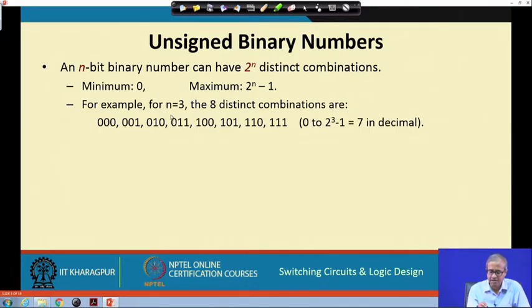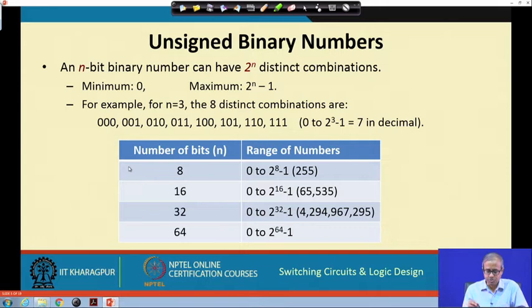For octal, if you take n equal to 3, the 8 distinct combinations will be 000, 001 up to 111. If you count, there are 8 combinations. 000 means 0, 111 means 7, which is 2 to the power 3 minus 1, that is, 2 to the power n minus 1.